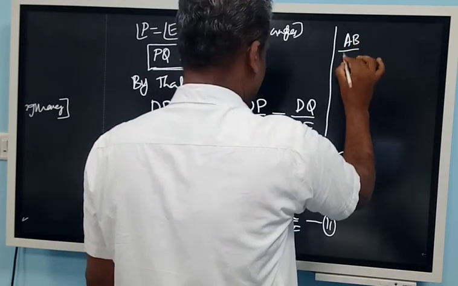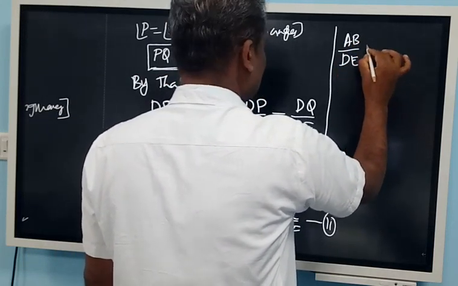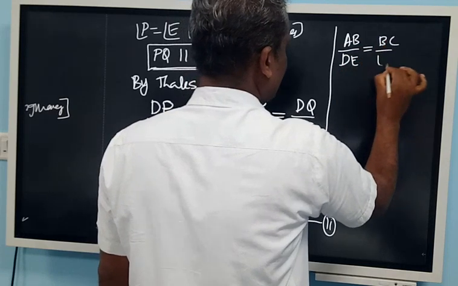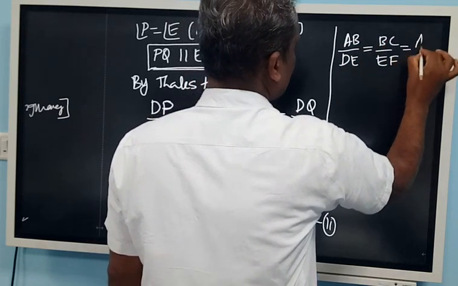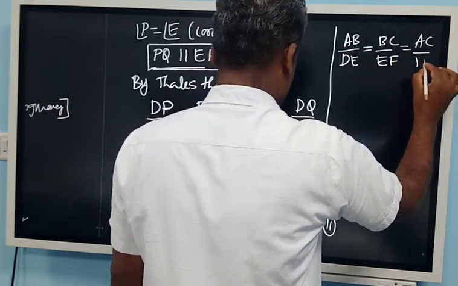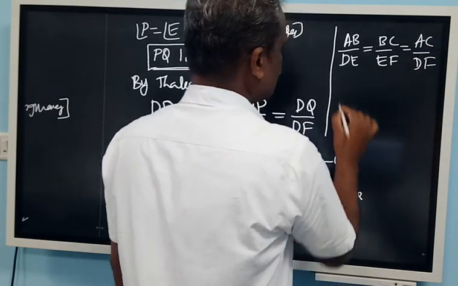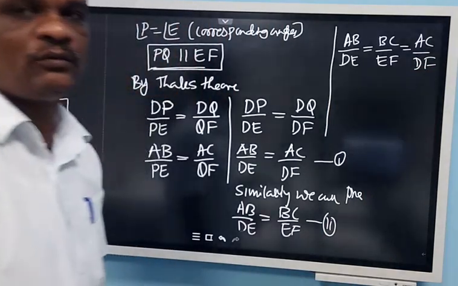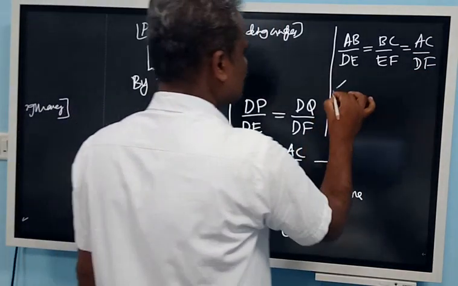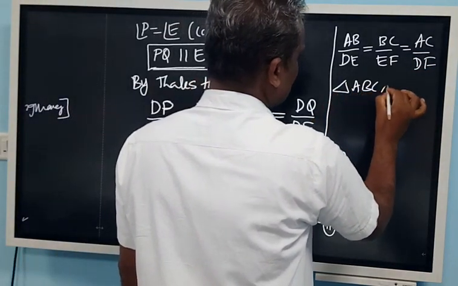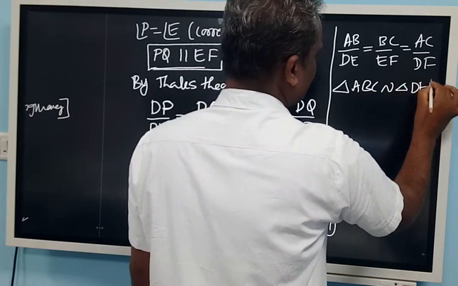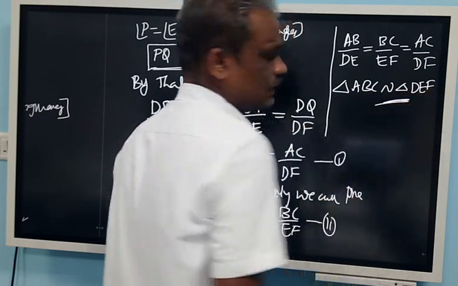Therefore, AB by DE is equal to BC by EF is equal to AC by DF. So all the three sides are in the same ratio, we proved. Hence the triangle ABC is similar to triangle DEF.